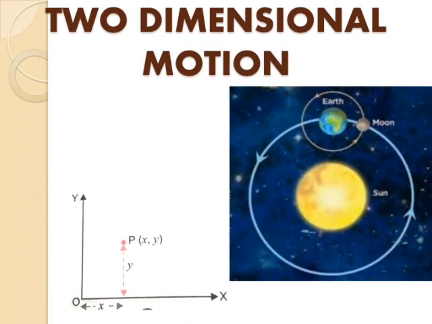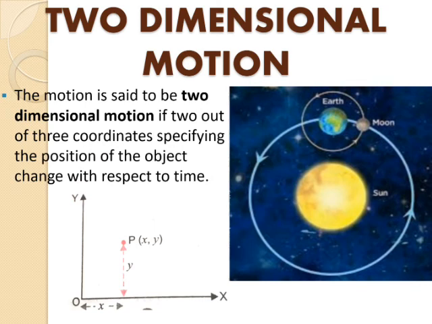Now let's talk about the second, or two-dimensional motion. The motion of an object is said to be two-dimensional motion if two out of the three coordinates specifying the position of the object change with respect to time.